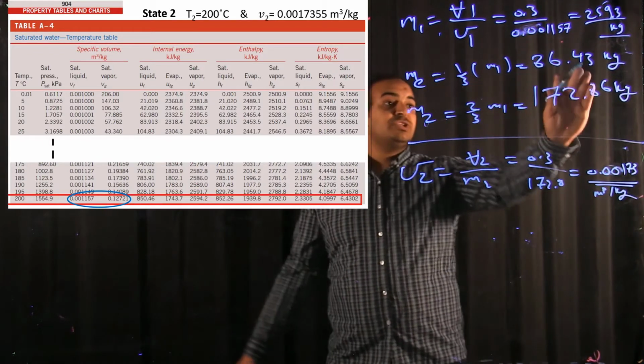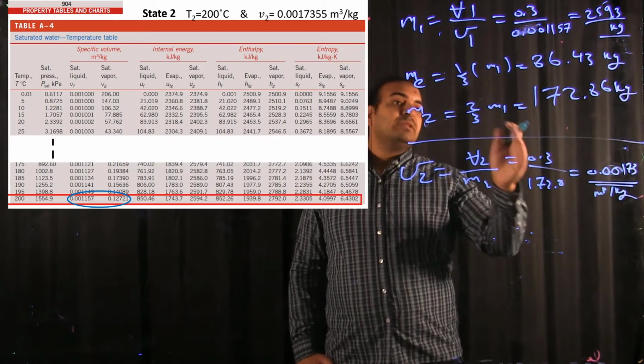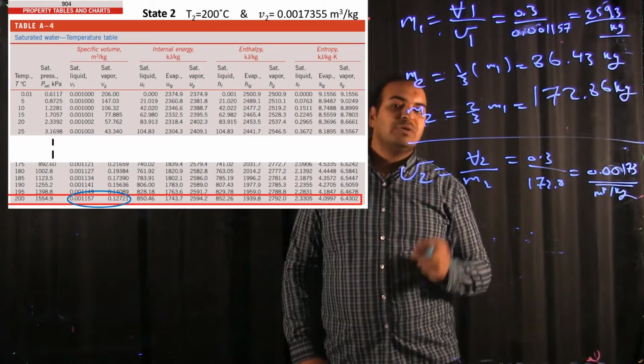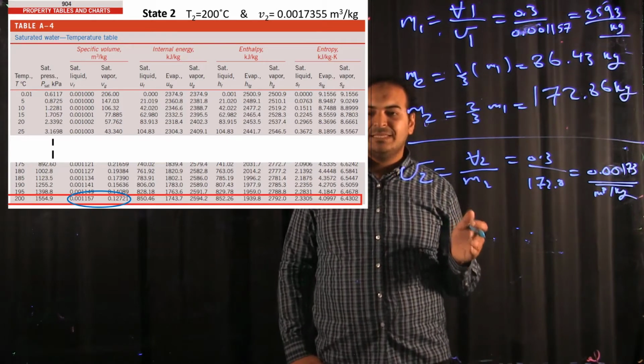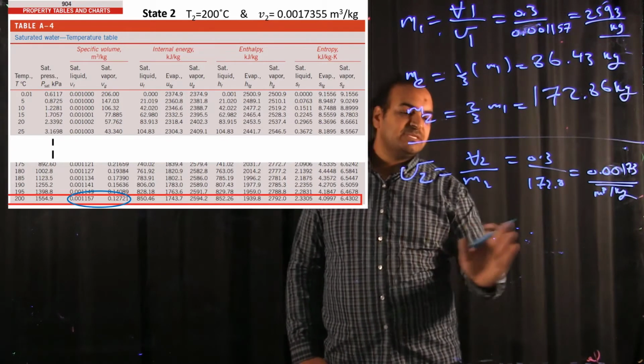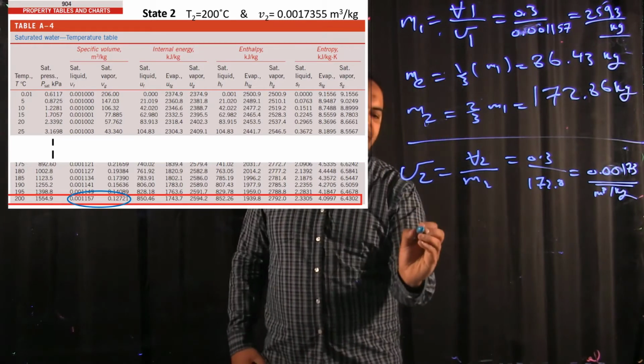However, the mass is huge, but you still take per unit kilogram, because the tables are written in terms of per kilogram, intensive properties, specific properties. So we have V2.